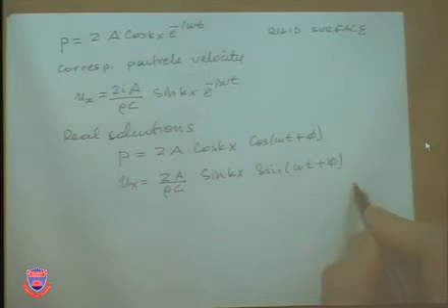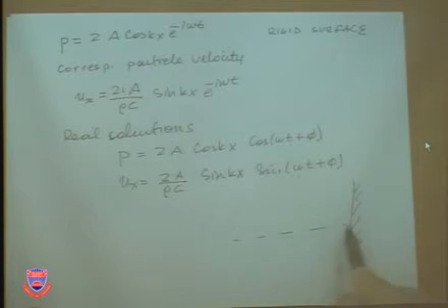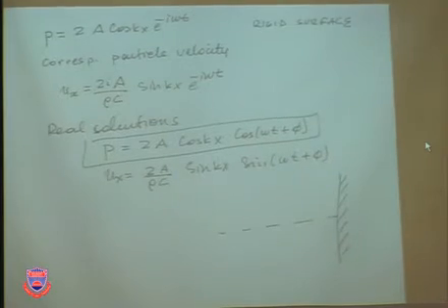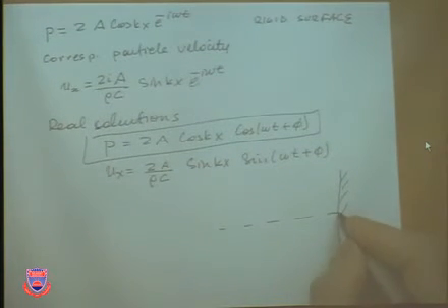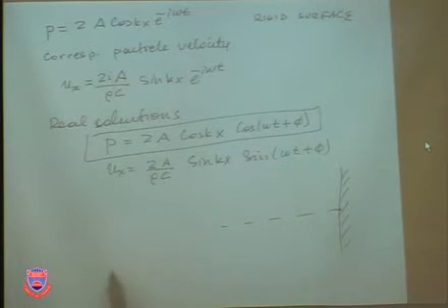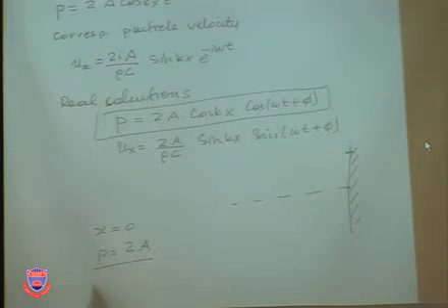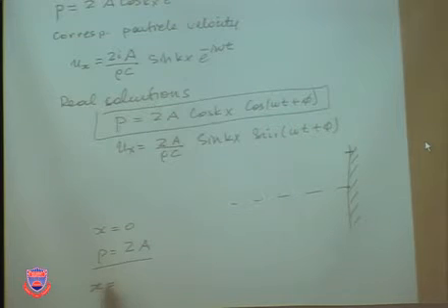Now, I want to complete this notion one more time. If you look at just the spatial aspects of this, okay, pressure at x equals a, pressure becomes 2a. Okay, and at x equals, well, let's find out where.